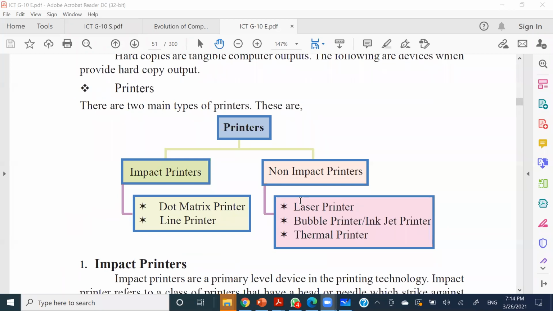The impact printers are dot matrix printers and line printers, and the non-impact printers are laser, bubble jet, inkjet, and thermal. Now, why are they called impact and non-impact? What's the difference? I'll show you.